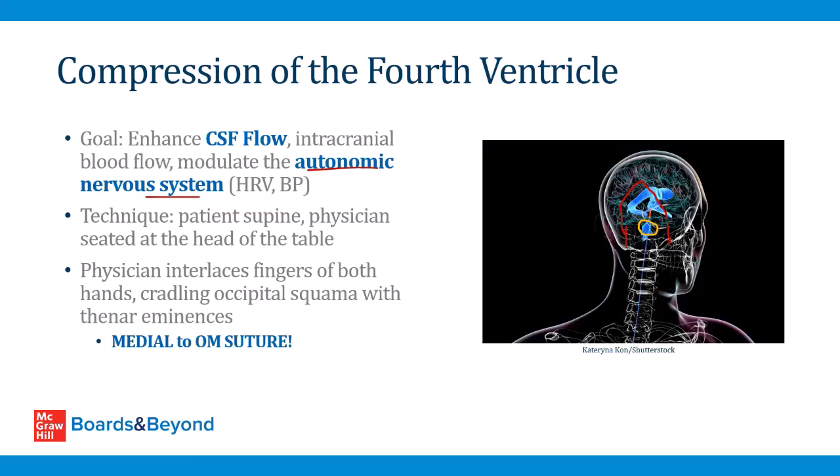So when we are doing this technique, our awareness and our goal of compression is to put a vector into this space. So we're going to compress from the lateral angles of the occiput towards the fourth ventricle in order to slow and then still the CSF flow to reset the cycling that's going on.